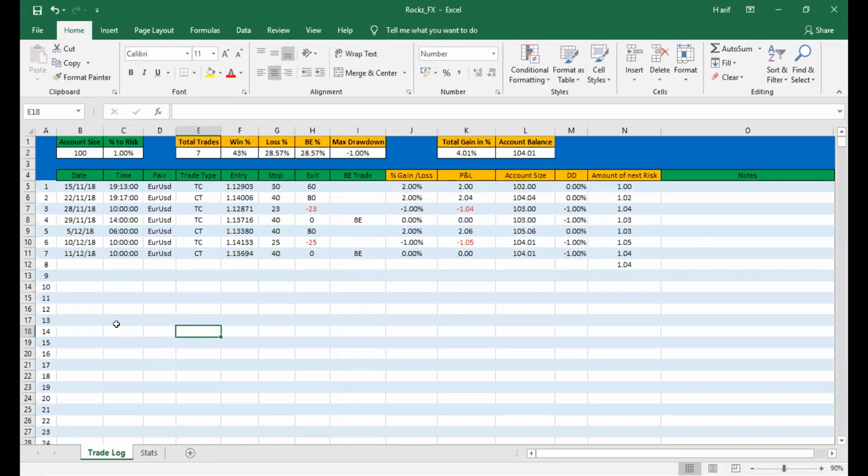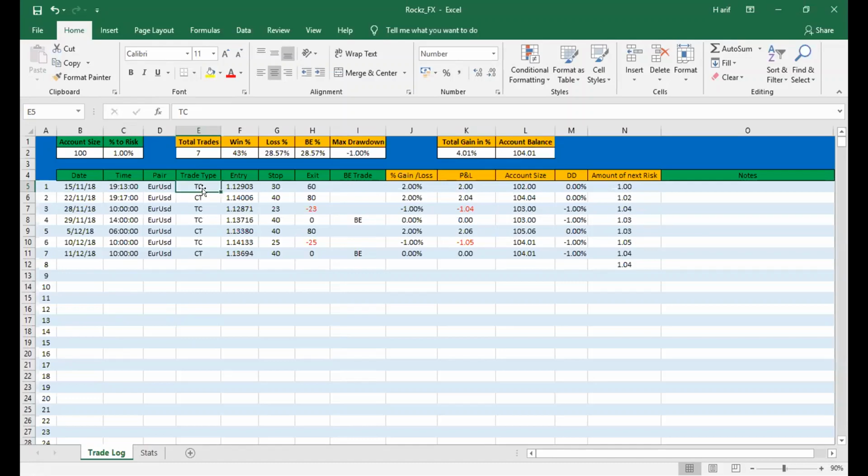Now, as you can see, when we were taking the trades, it was a simple process. You start with your date, the time you took the entry, the time you took the trade, the currency pair. This bit here that I've got, trade type, is whether it's a trend continuation or counter trend.